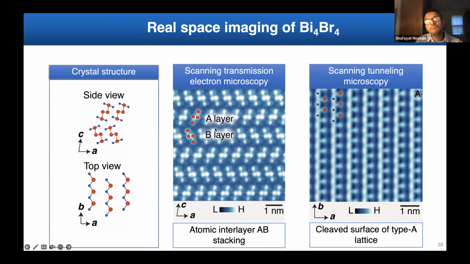This is important because with this, we can look at the top view of our surface and distinguish which layer we are seeing, A or B. For example, here the scanning tunneling microscope image shows the A layer of the cleaved surface. We also see the B layer, which I'll show you later on.